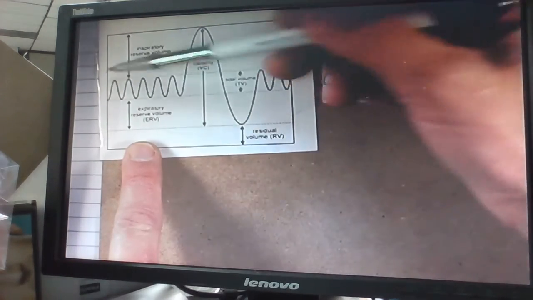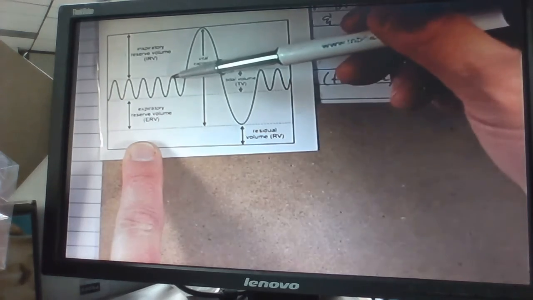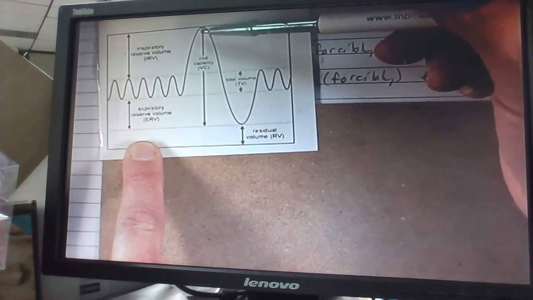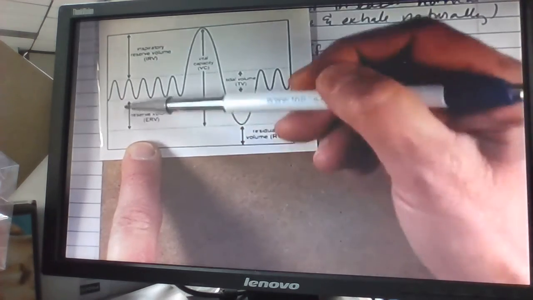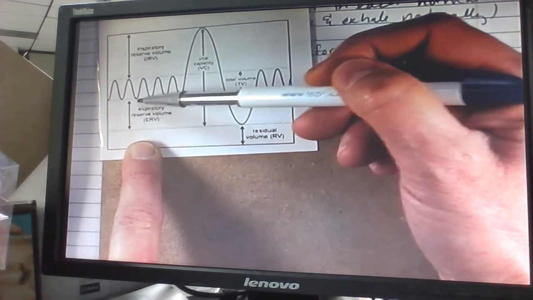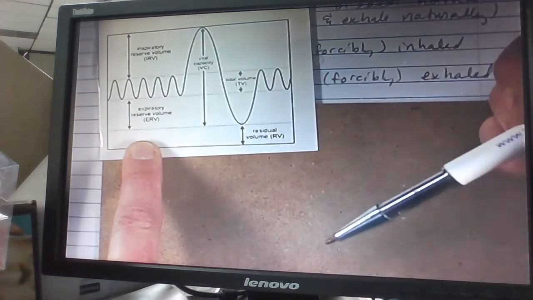So on this graph, your IRV is showing that it goes from the top of your normal breath to whatever the top of this is, whatever you could additionally forcibly take in. Your ERV is showing that this is that part right here, so it's whatever you normally exhale, and then what you can forcibly exhale after that.